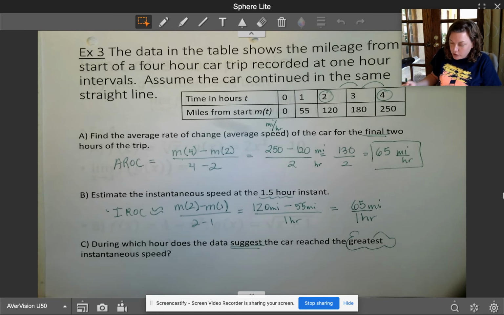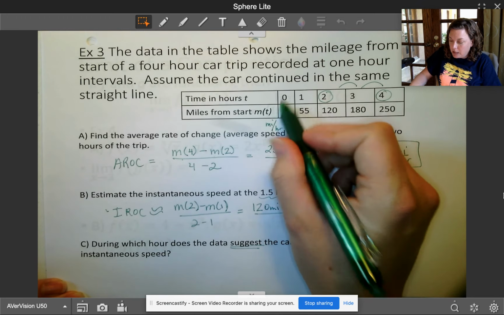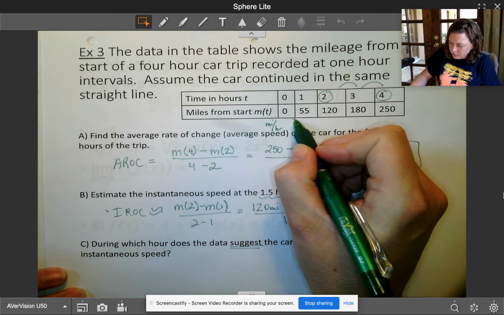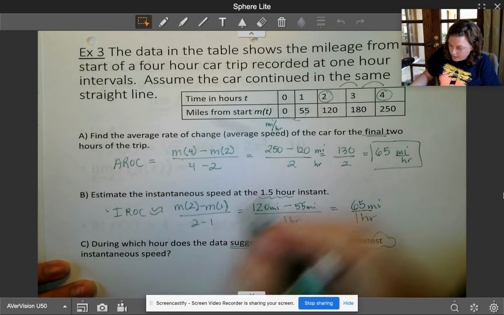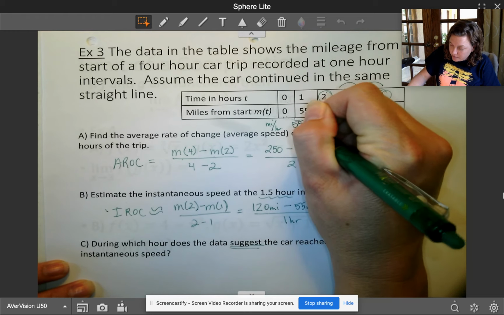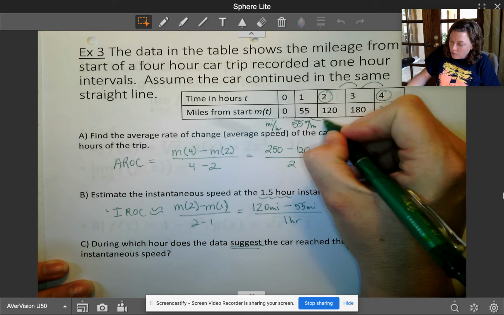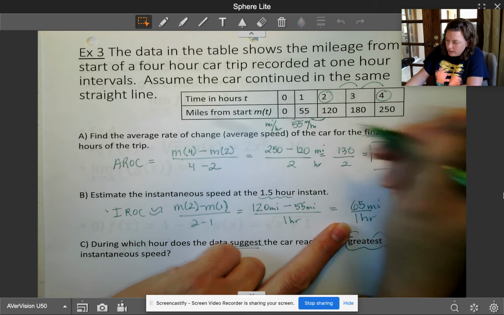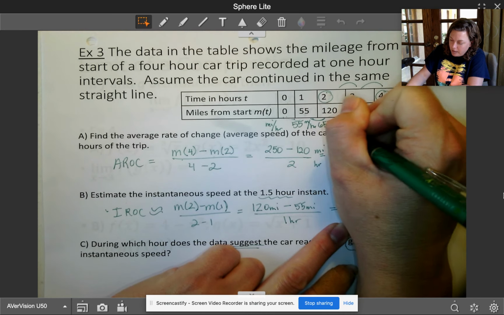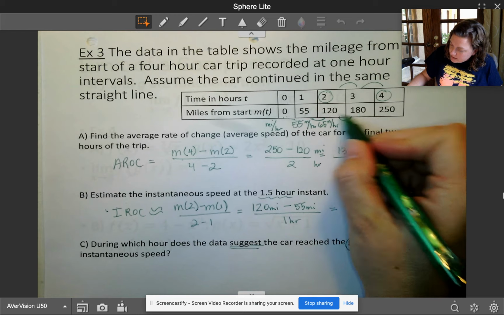And so what we want to do then is basically look for our average speed here in this first hour. Well, that's a change of 55 in 1 hour. So that little interval is 55 miles per hour. From the first to the second hour, we already found that one. That was 65 miles per hour. 2 and 3, well, that's a difference of 60.